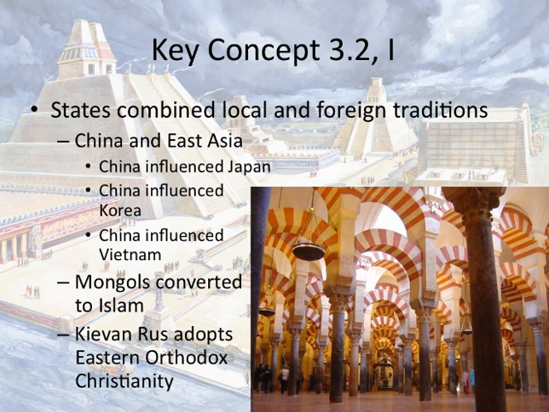You also see this combining of local and foreign traditions in the Kievan Rus, which is a Viking settlement in what is modern day Ukraine when they adopt Eastern Orthodox Christianity. So these new states are combining both some things that they do and foreign influence as well.